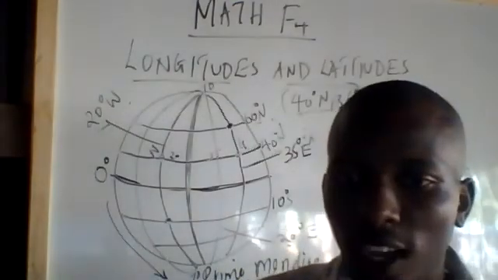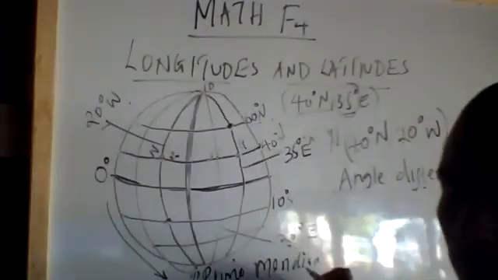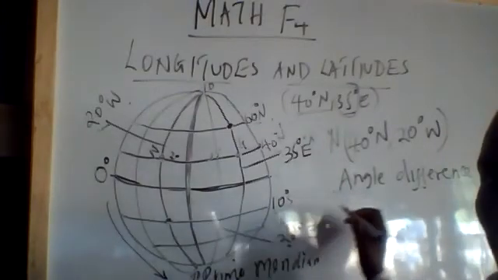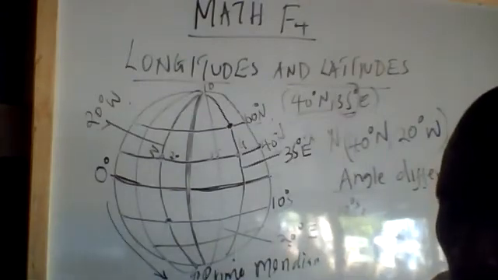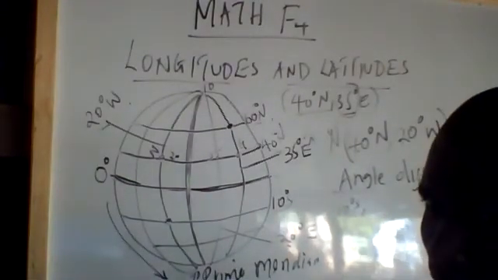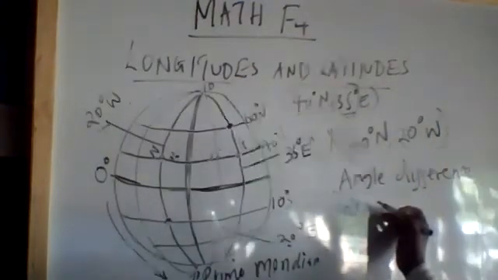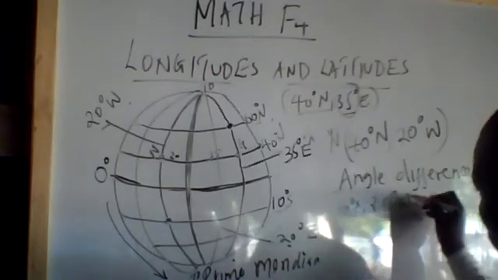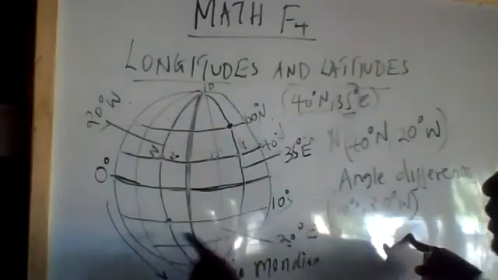It is 10 degrees south, comma, 20 degrees west. That is the position of this particular point.